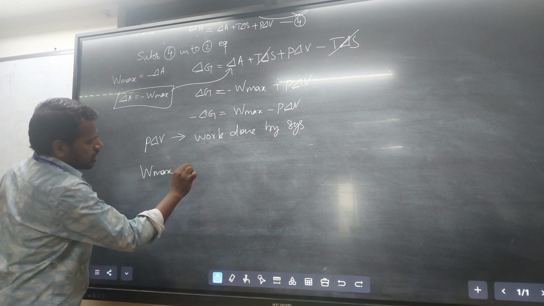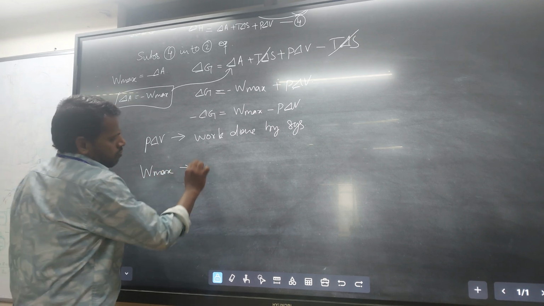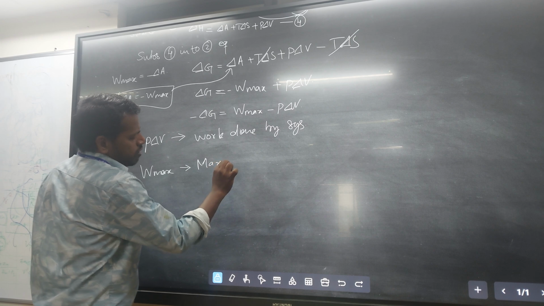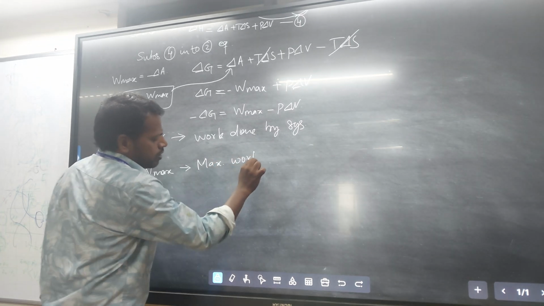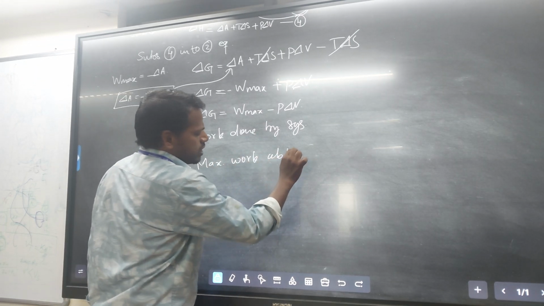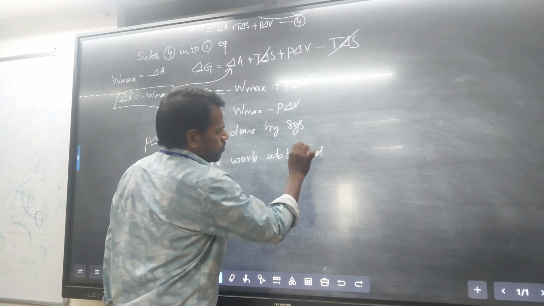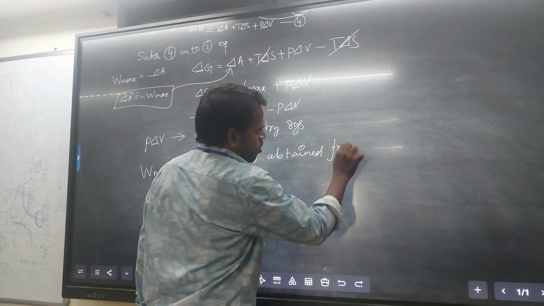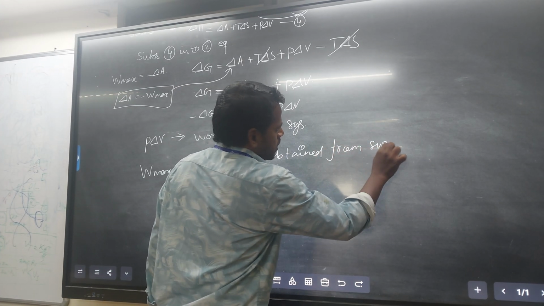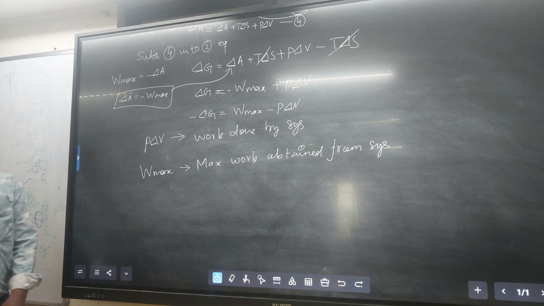W max is the maximum work obtained from the system.